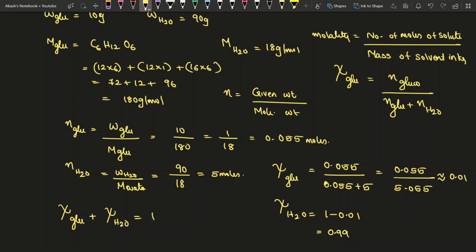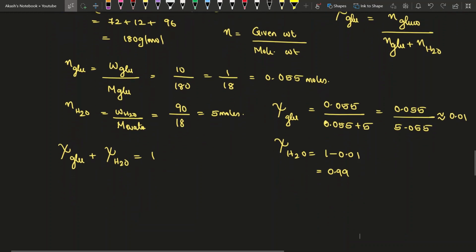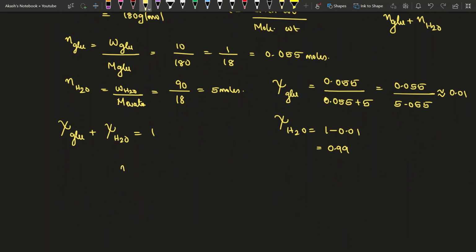Now we can calculate molality. What is molality? Molality is the number of moles of solute divided by the mass of the solvent in kilogram. How many moles of glucose are there? 0.055. Done. Divided by what is the mass of the solvent? The mass of the solvent is in kilogram.